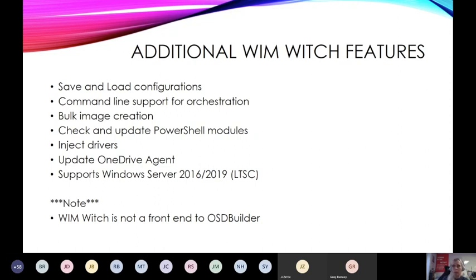It can also handle multiple save files. So if you've got a Windows Server 2019 and a 2016 and a Win 10 1809 and a 1909 that you need to update monthly, WIM Witch can handle all of them. It'll just process them all in serial.